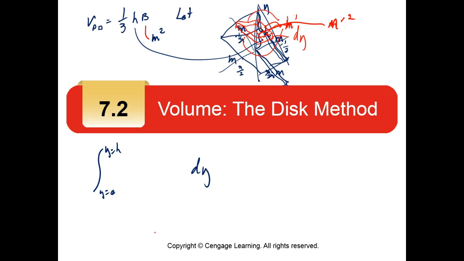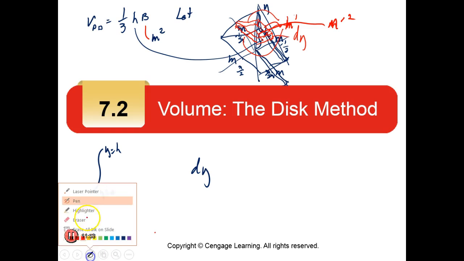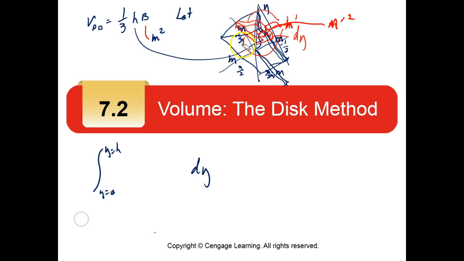Okay. Now this is ugly and messy. But we need to figure out what that m prime is in terms of the things we know, m and h. Okay? Now, I'm going to choose the least messy side of this, hopefully so you can see it better.